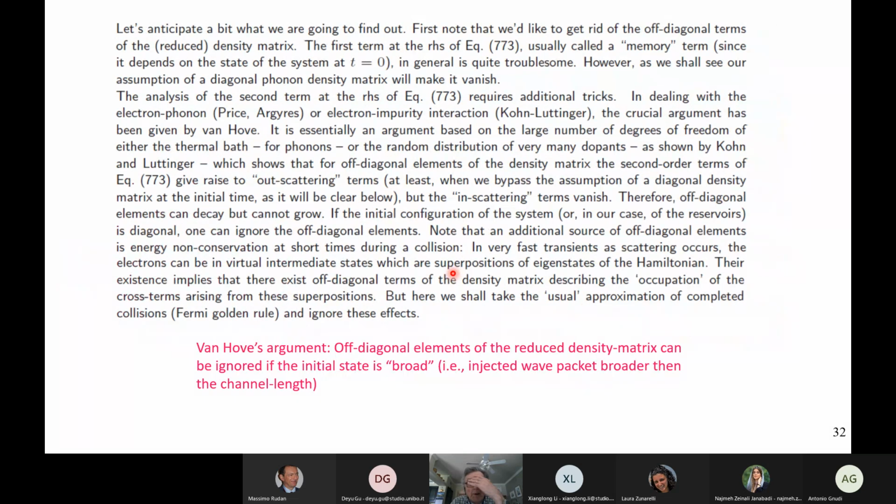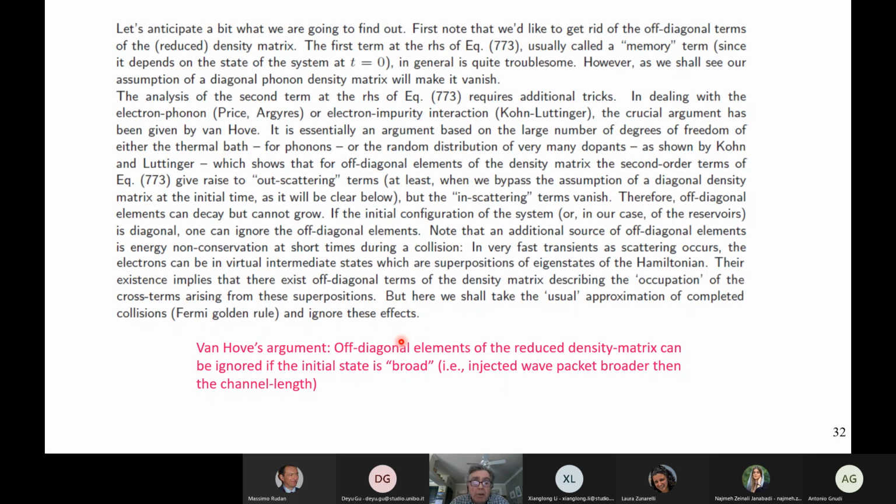Okay. Now we go to Van Hove, and this is the tricky part. Let's focus on the red words that try and simplify this. I told you already quite a bit about what it did, but essentially what it says is, and then we'll see how, if the interactions that we're dealing with, such as the electron-phonon interaction in which we have very many phonons, all the degrees of freedom, the ionic degrees of freedom of the lattice, very many.